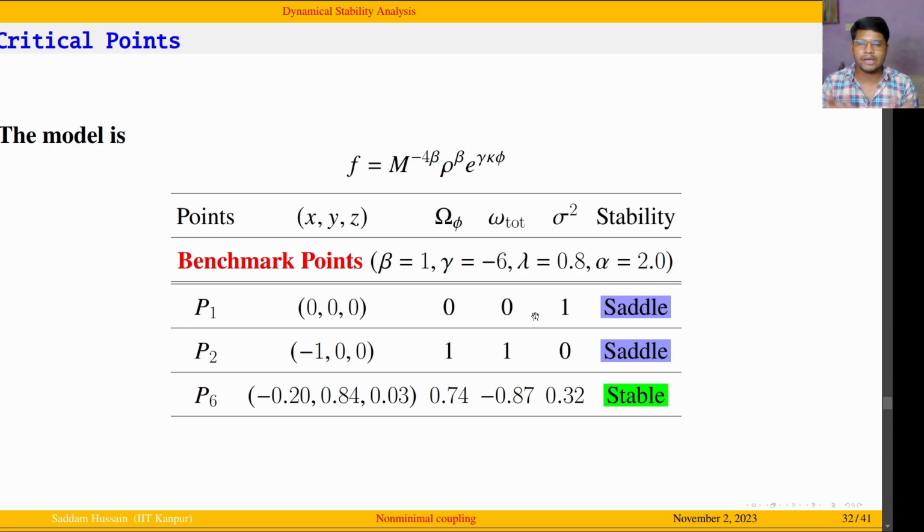So therefore we are restricting our autonomous system to be three-dimensional, and we do not want to complicate it too much. Now, getting the critical points is a tricky situation over here, so we are not going to go into that in great detail. Numerically, we have found, using some techniques, these kinds of parameter space for which we can have the accelerating solution, where omega total is minus 0.87, and the corresponding field density is 0.74.